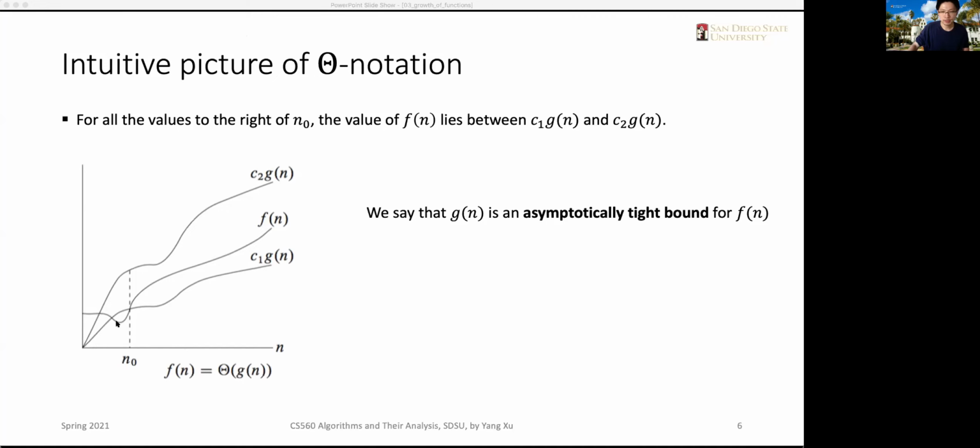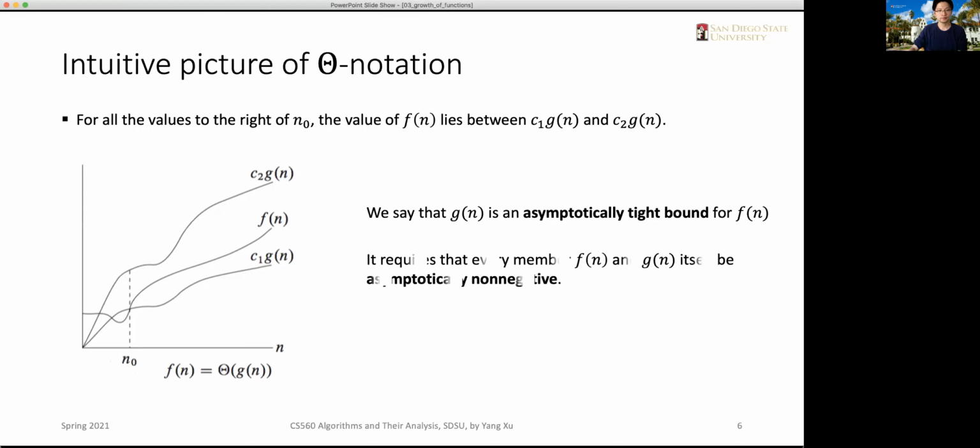As long as we prove that for any n greater than n0, f of n is always between C1 times g of n and C2 times g of n, then we prove the big theta relationship. It's okay that before n0 this inequality doesn't hold. The most important thing is that we find such an n0, and we also find such C1 and C2 that make the whole inequalities valid. So this is an intuitive picture of big theta notation.